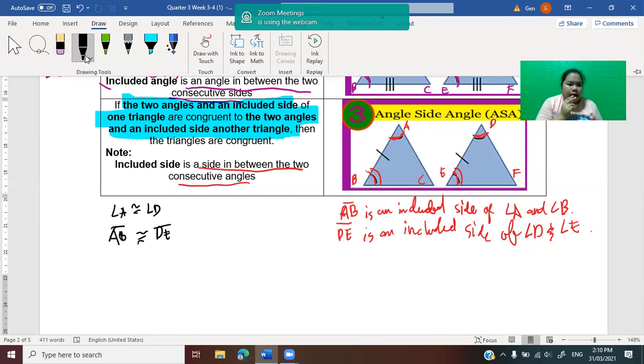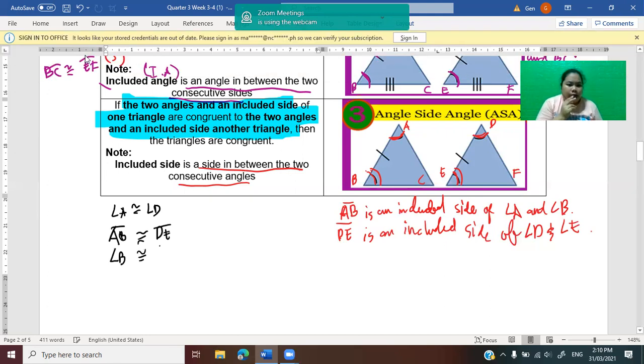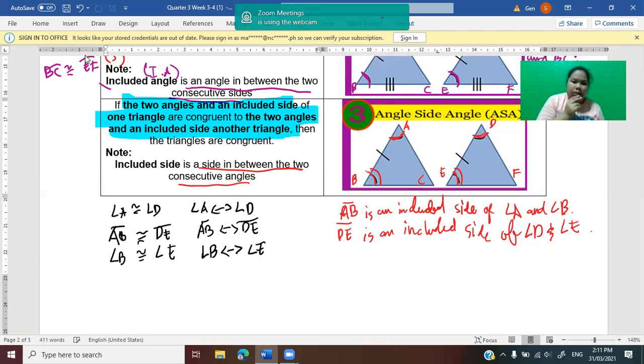Angle B is congruent to angle E. Notice that at the same time, angle A corresponds to angle D. What else? AB corresponds to DE. What else? Angle B corresponds to angle E. Okay. Yan. So, napansin nyo, yung mga congruent parts natin at the same time, they are also corresponding.